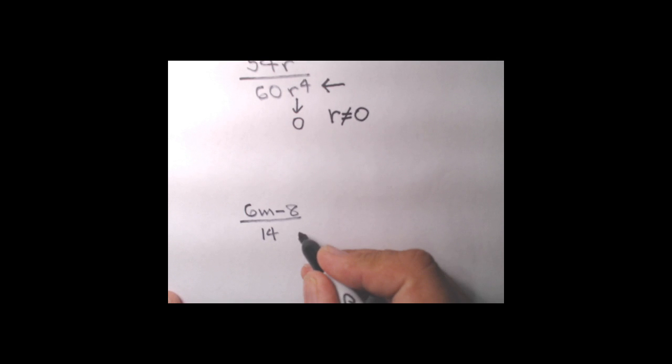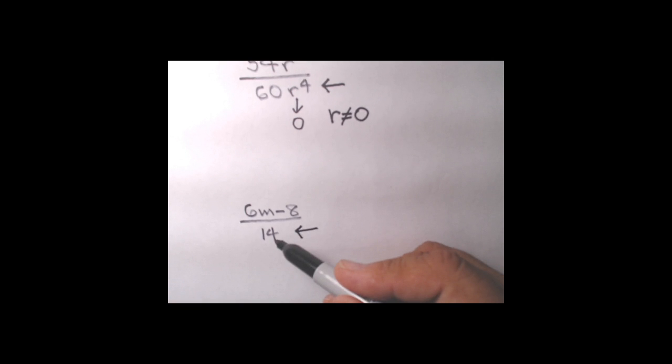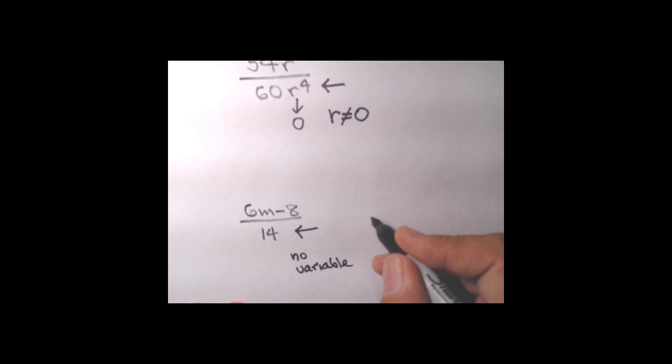Remember again, for excluded values, we're only worried about the downstairs. Well, notice that the downstairs doesn't have a variable in it. It's just got the number 14, and that's going to be 14 all the time. It's never going to change. So since there is no variable down here, that means that we have no excluded value for this one.